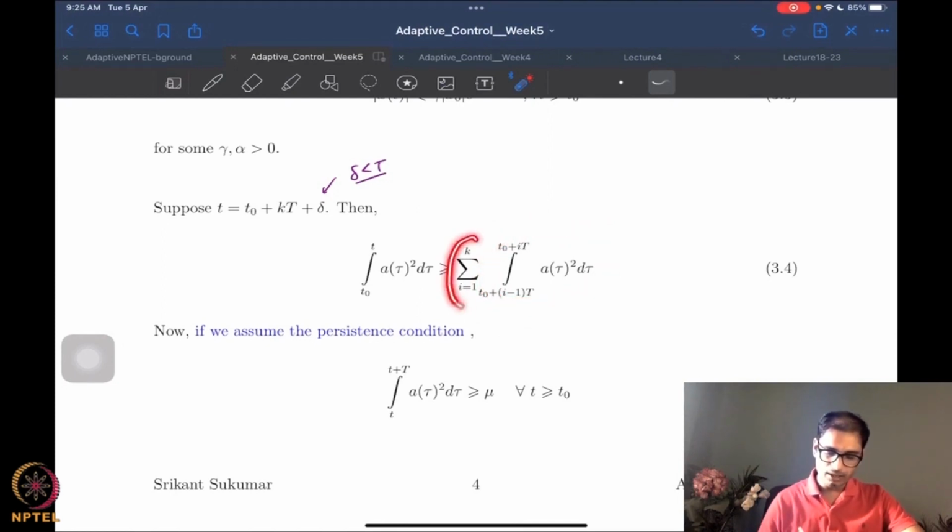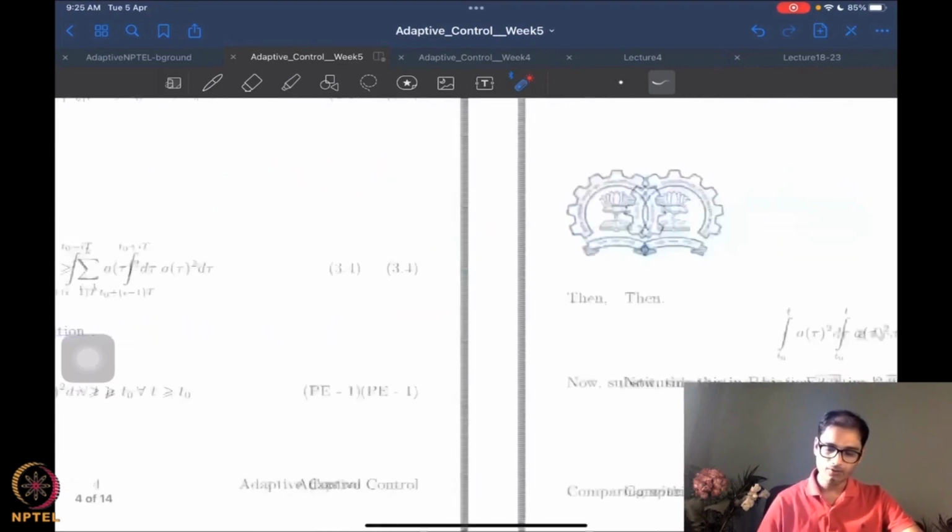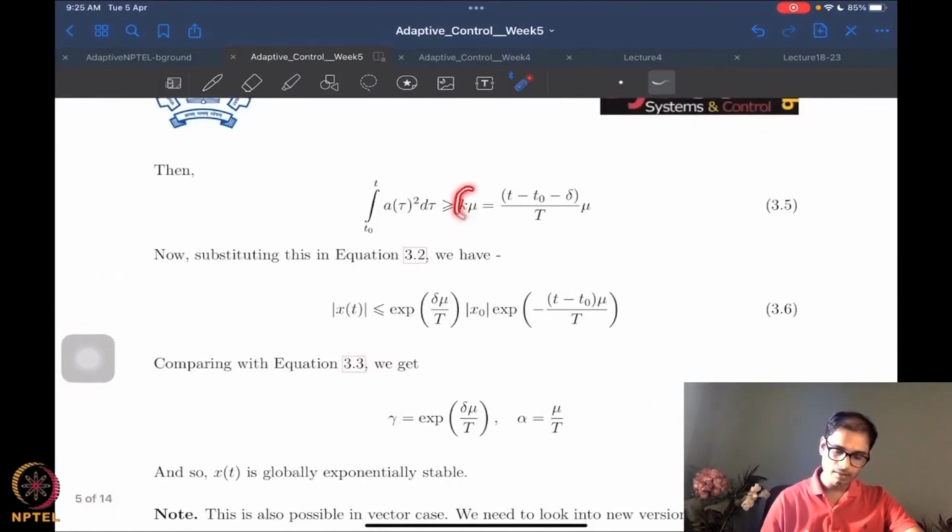Therefore, if I take the summation over k, it is greater than or equal to k times mu. And for this k, I'm using the definition of t, that is, I split t into t0 plus kT plus delta, and I use that to substitute for k.